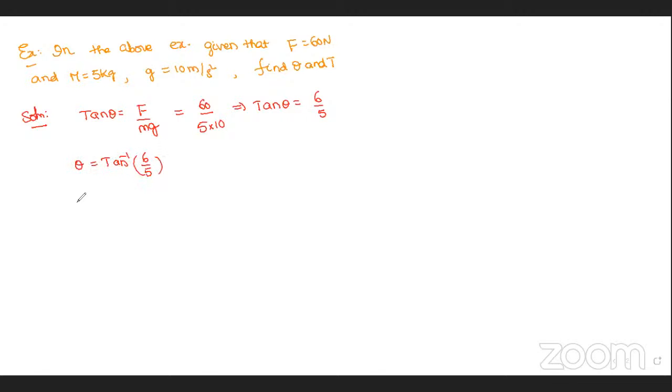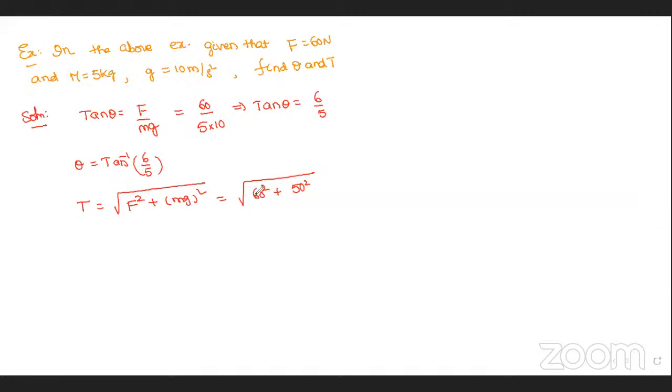One is correct. And what about tension? I think Lakshmi Gayatri is correct, root of 61, 78. Both are correct. Amog also correct. T is root of F square plus mg whole square, that is root of 60 square plus 50 square.